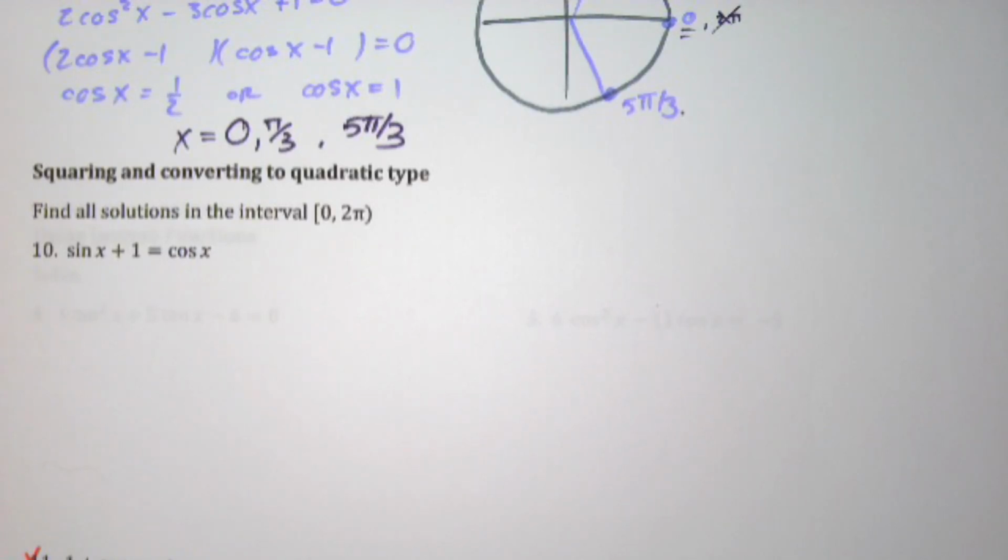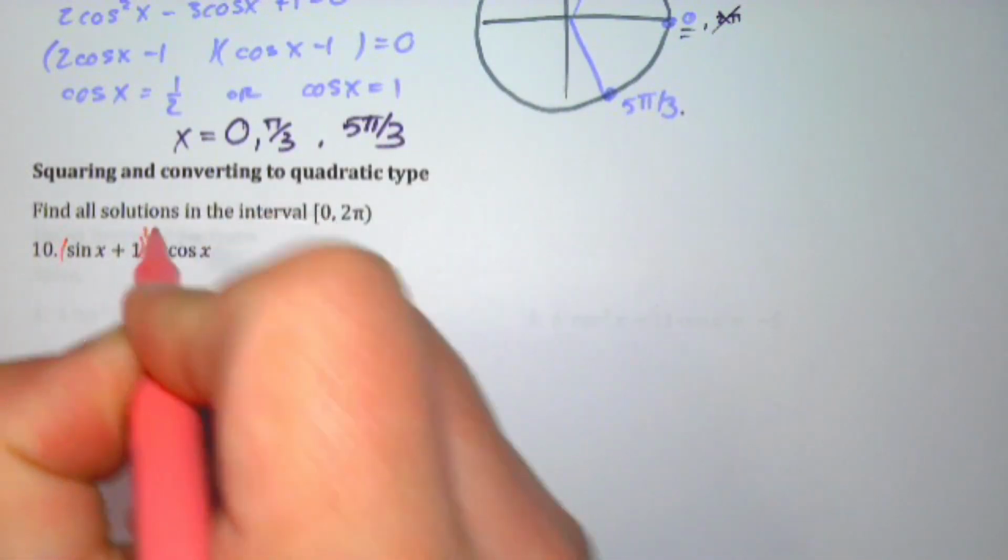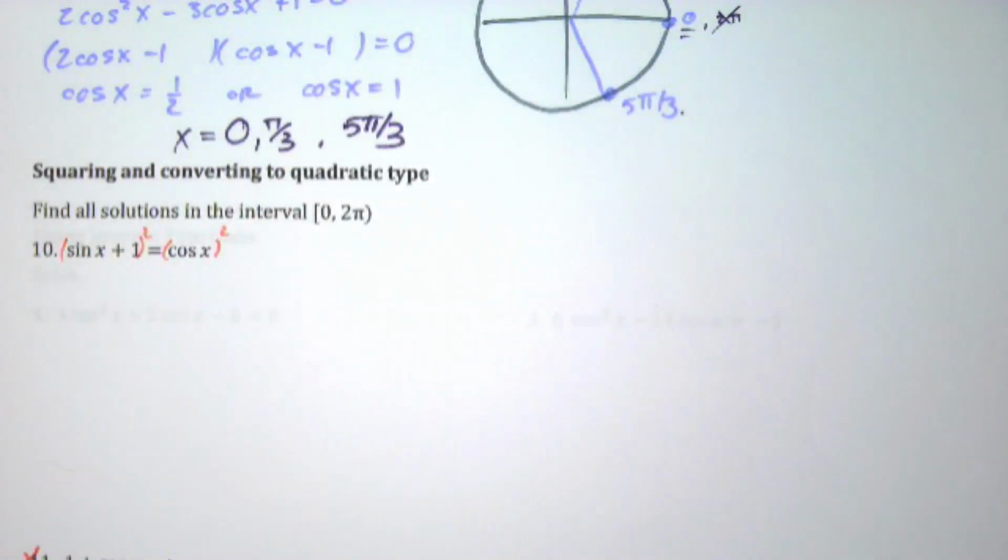And number 10 is an example of how we do that. So if I have something, right, cosine on this side, sine on this side, it's not like number 9 where I had that nice identity to use quite yet. However, there is something I could do to kind of force that situation. And what is that? It's to square everything on both sides.